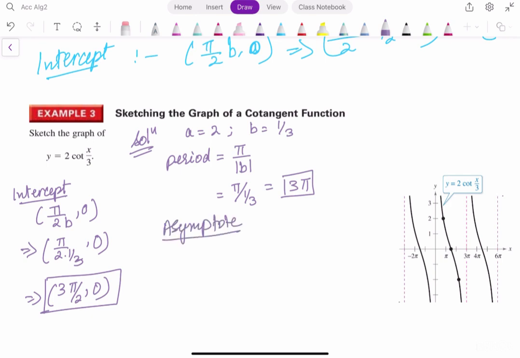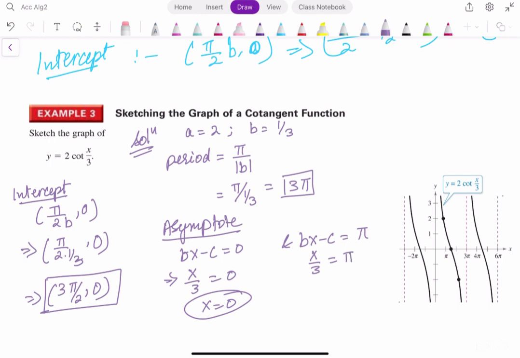Now for the asymptote we are talking about the cos. That means 0 and pi. So bx minus c is equal to 0 and bx minus c is equal to pi. If you compute this, you will get the asymptote at x is equal to 0 and at x is equal to 3 pi.